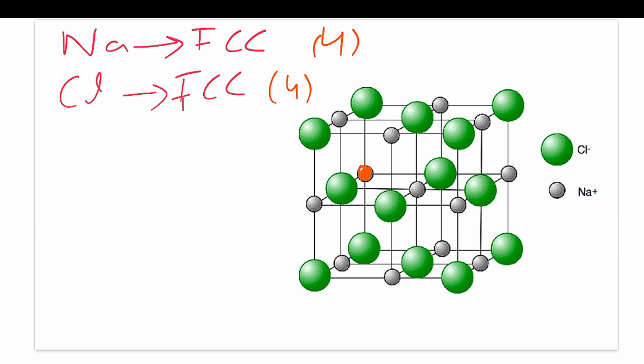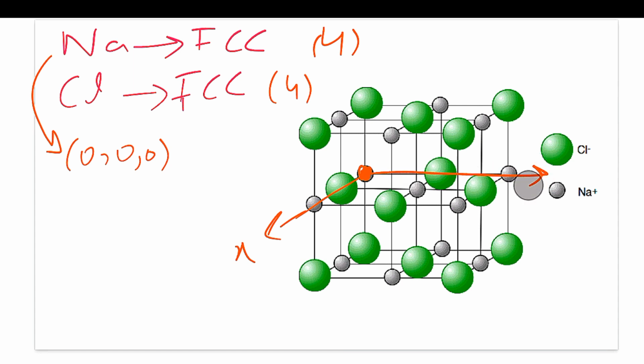We'll choose their locations, but first let's do it for sodium. For sodium, the first atom I'm choosing is at the origin, so its coordinates are 0 0 0, and this is the x-axis, this is the y-axis, and vertically upward would be the z-axis.